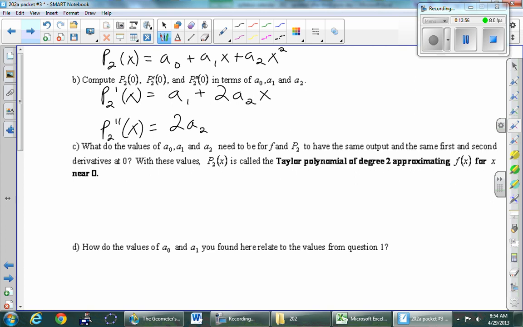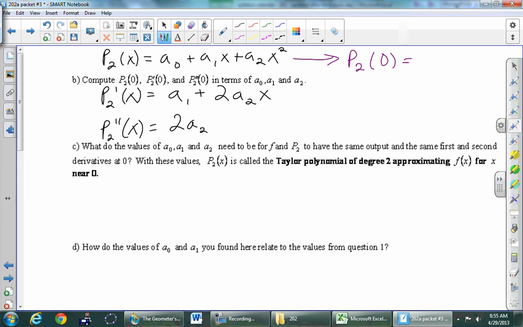Okay, now according to the directions here, we're supposed to find p sub 2 of 0, p sub 2 prime of 0, p sub 2 double prime of 0. So we're just plugging 0 into these 3 black formulas here. So the first one we'll plug in up here, p sub 2 of 0. What is it? 1 vote for a sub 0, is that right? Everything else disappears.